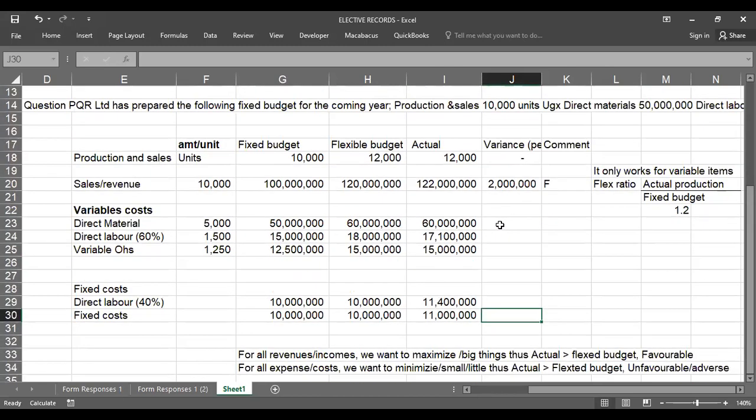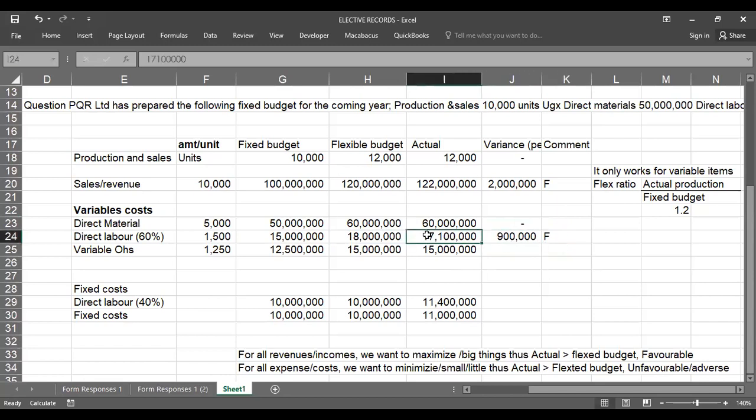So if I come here, I go to the next item. These are costs. Now for costs, you begin thinking that I want minimum. So if your actual is smaller than budgeted, that is a good thing. Now this one, cost is indifferent, you're neutral, just the same. But for this one, our budget is bigger than our actual. So this one is favorable, because these are costs.